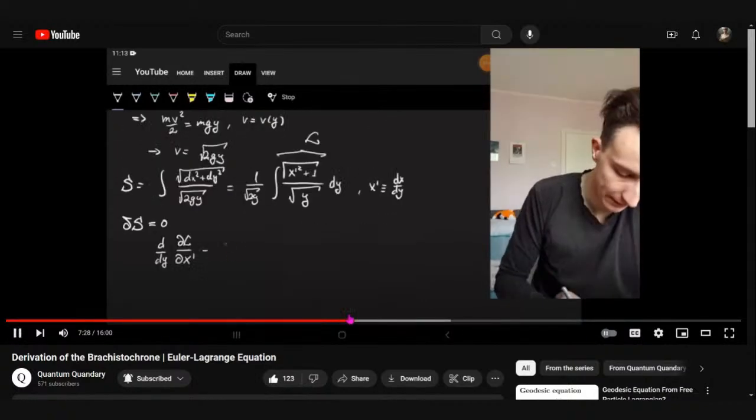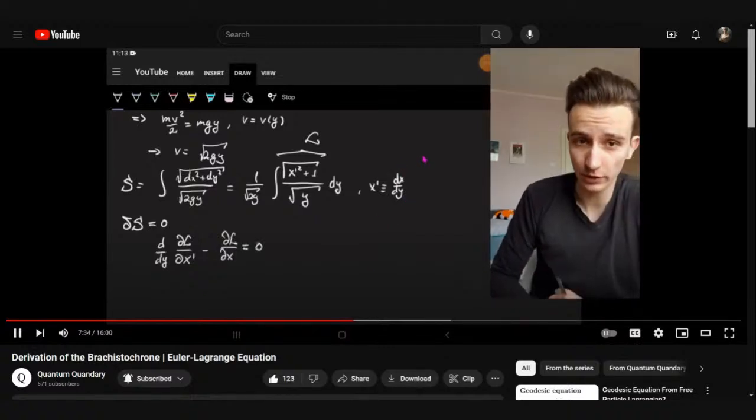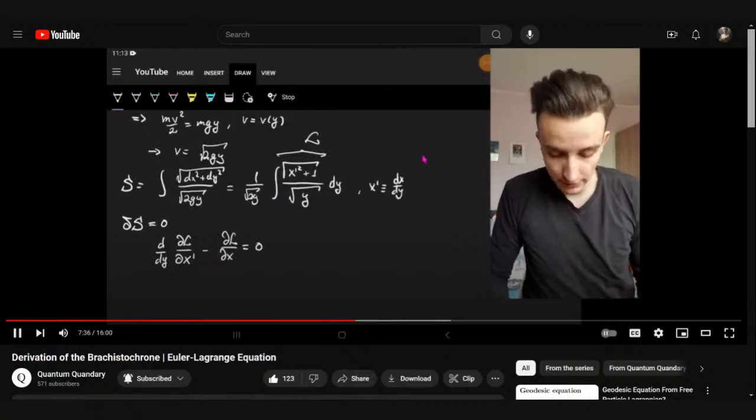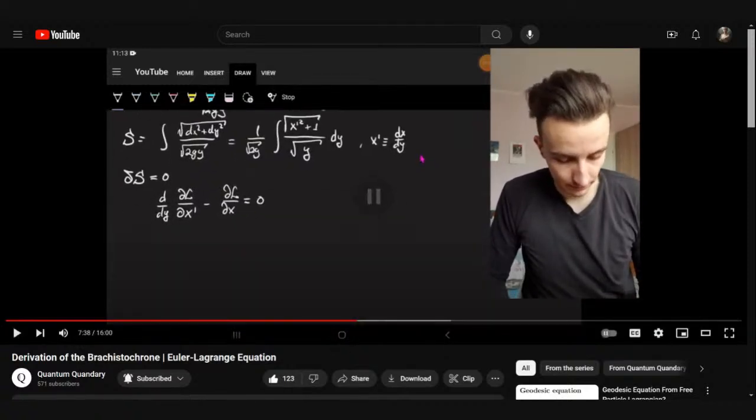So what we get, minus partial Lagrangian partial x equals 0. So this is what needs to hold. Well, okay. So I'm assuming x is a function of y.